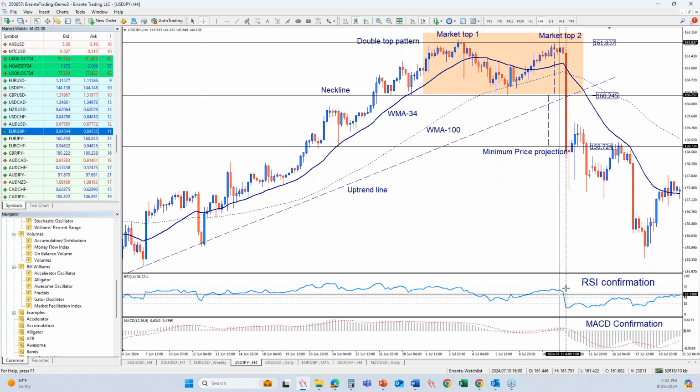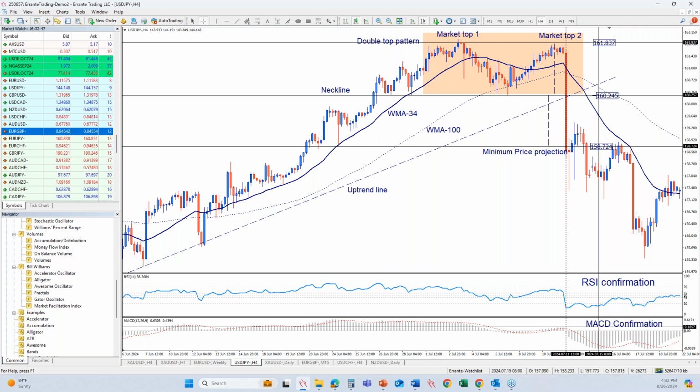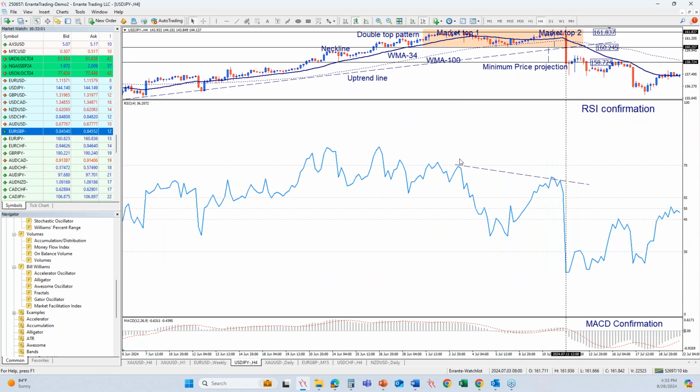So let's look at the RSI, in the absence of any volume indicator in Forex. The RSI indicator at the bottom of the chart shows a bearish divergence if you check it out. For example, if I draw a line here from that bottom to this, you can see the divergence while the price is making almost the same top.